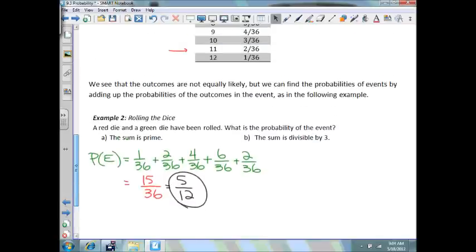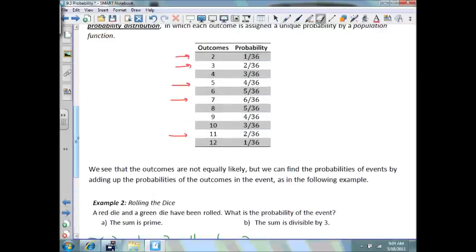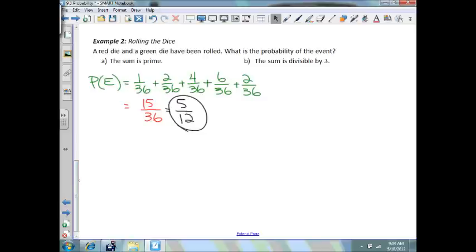Now in part B, the probability that the sum is divisible by 3. Well, for the probability that it's divisible by 3, we'll add the 3, 6, 9, and 12. Those 4 numbers are all divisible by 3. So we'll take 2 over 36 plus 5 over 36 plus 4 over 36 plus 1 over 36.